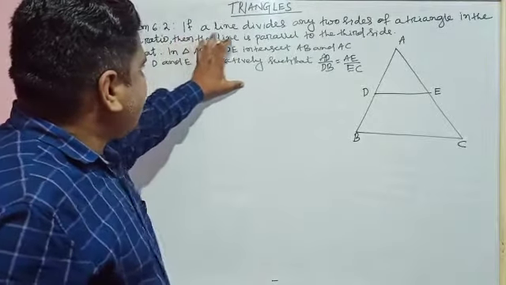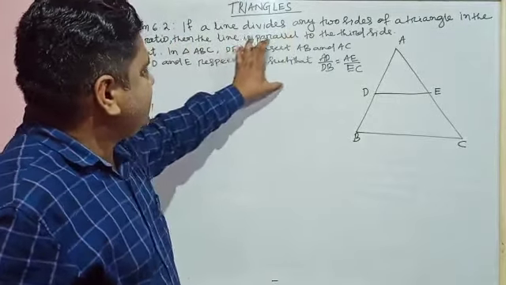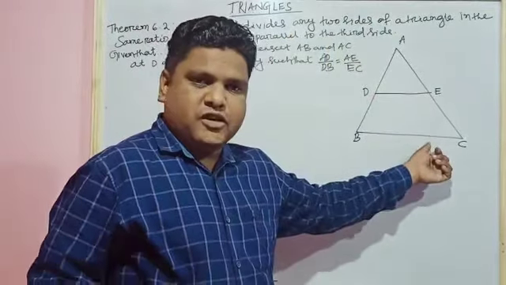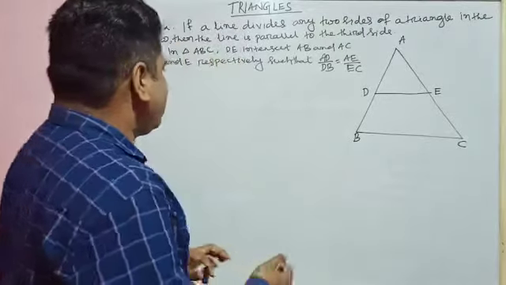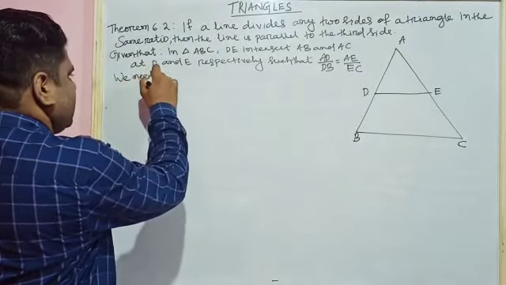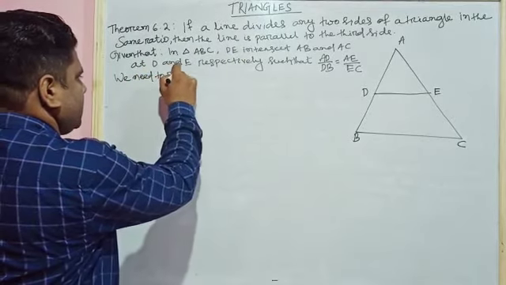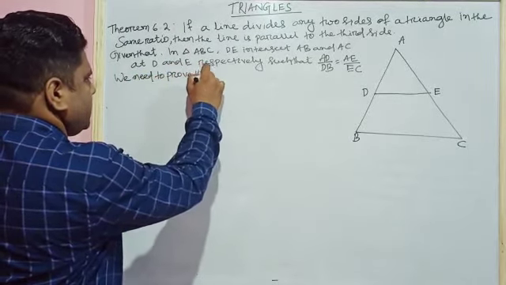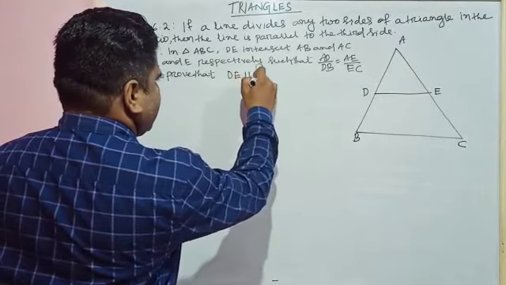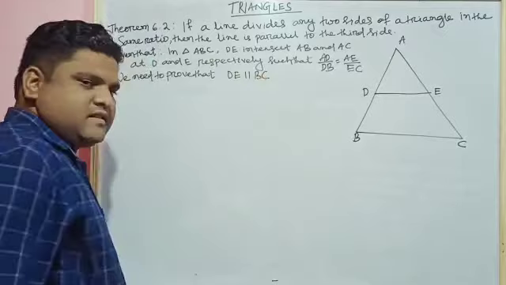Next, then the line is parallel to the third side. We have to prove this. So we need to prove that DE is parallel to BC.